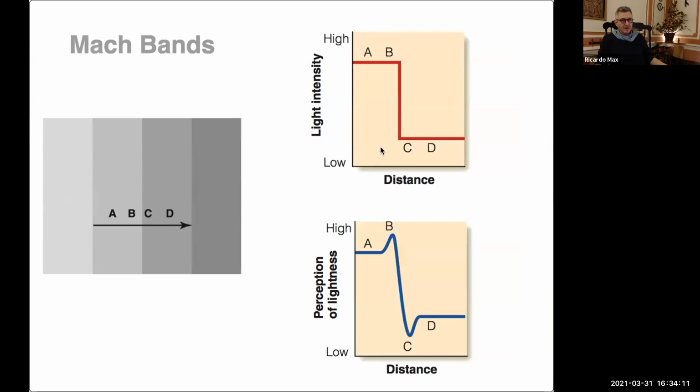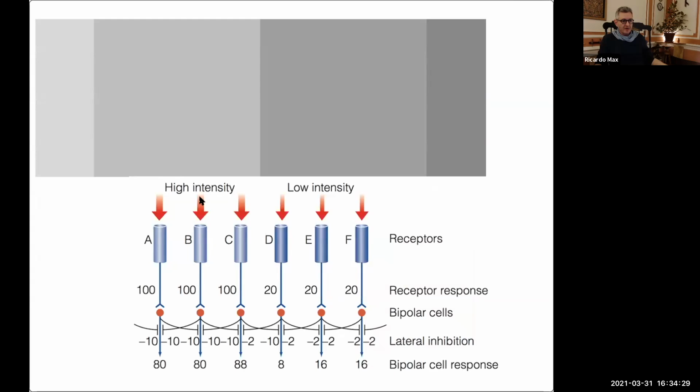What happens is, this is the light intensity, how it falls. So this area A here is identical to this area, and this area is identical to this area, but what we perceive is this. How does it happen? This neuron here is being equally inhibited by its neighbors that are receiving the same amount of light.